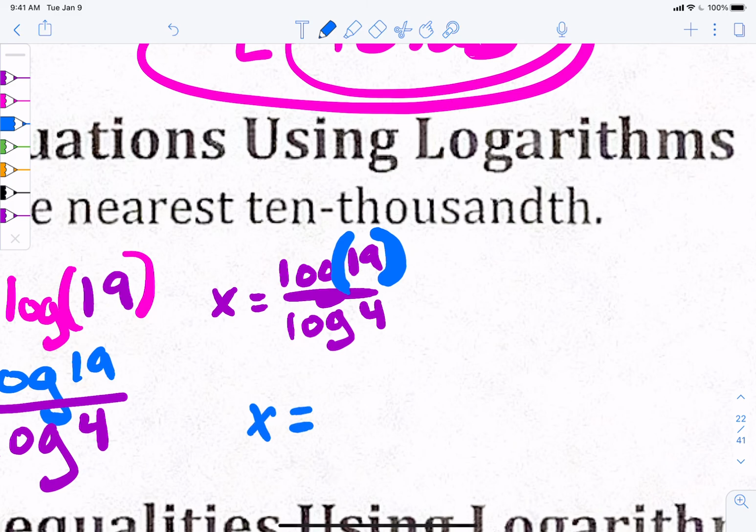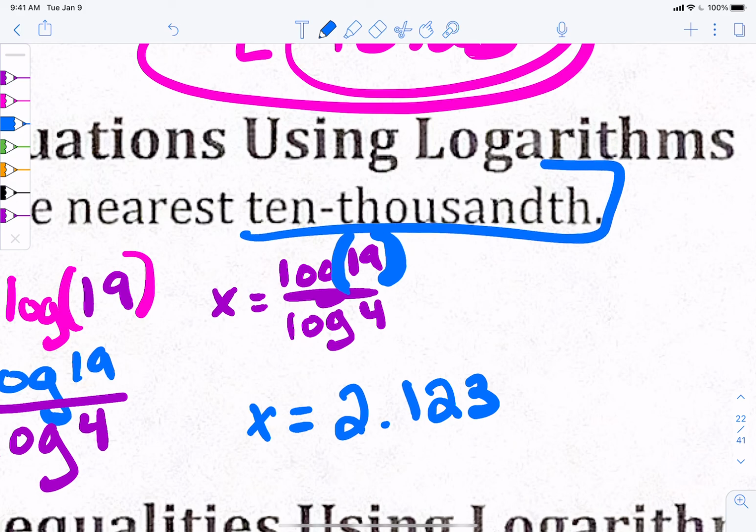You use the log button. I got 2.123, and technically 2.12396. But we're doing ten-thousandths, which means 4 decimal places.